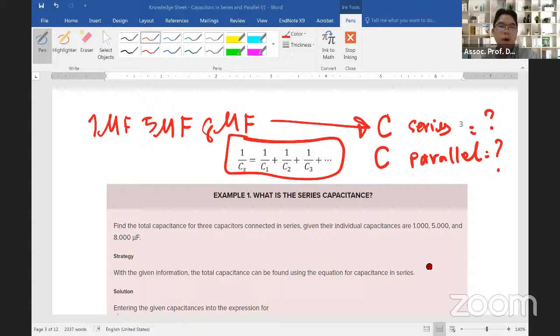Series first, and then I will open for the parallel. Who will get the special score? First person, the quickest, please.